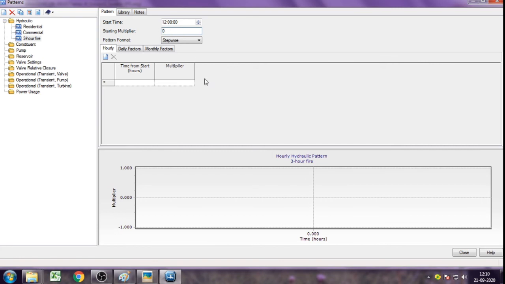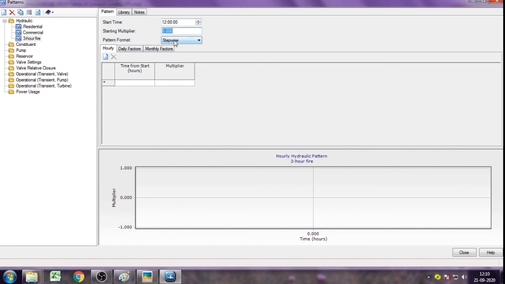Why we have kept it as 0 is because at 12 am we are not saying that the fire will break out at 12 am. So the base demand will be 0. This demand is only for fire purpose, not for the usage purpose. This water is for extinguishing the fire, not for other uses. So the demand at this particular time is 0. This is just a base time.